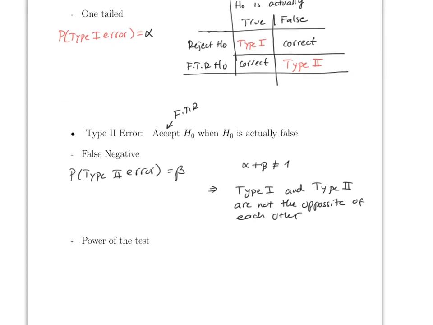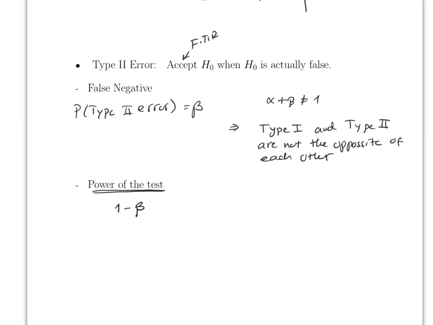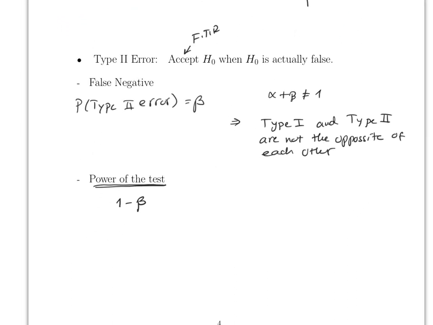Now, there is something else called the power of the test, but we're not going to deal with this in this class. This is a little more advanced, but the power of the test is 1 minus beta. And as I mentioned a little bit earlier, finding beta is not that easy. We're not going to do that in the class. So for now, you can just go with the idea that the power of the test is 1 minus beta.